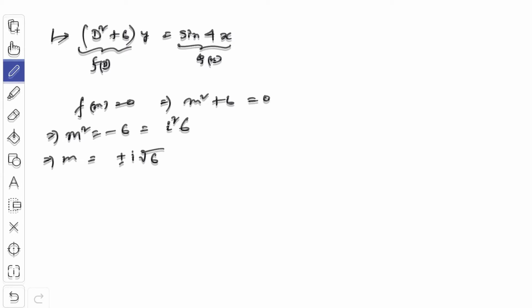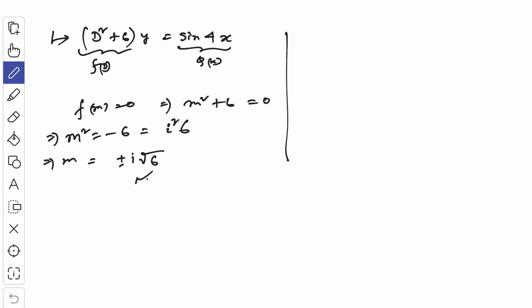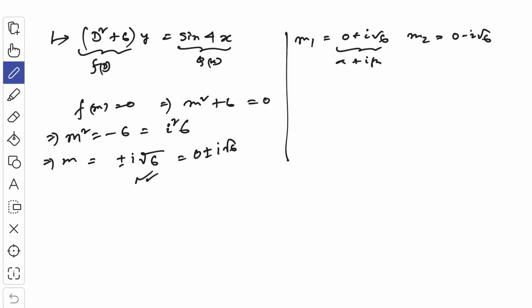Hope you have understood this. Therefore our roots are 0 plus minus i root 6. So m1 is 0 plus i root 6, m2 is 0 minus i root 6. They are imaginary and complex conjugates of each other. So you can take this one as alpha plus i beta, and this one as alpha minus i beta.